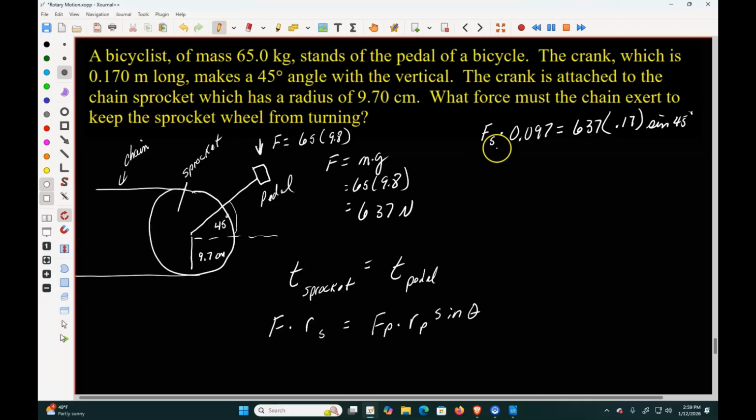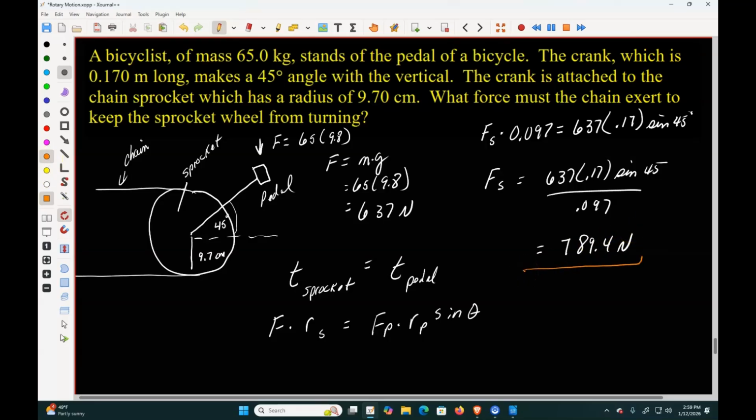Okay, so the force due to the sprocket, I'm going to divide both sides by the 0.097. So his force is 789.4 newtons. That's the resistive force of the sprocket, so the chain doesn't move.